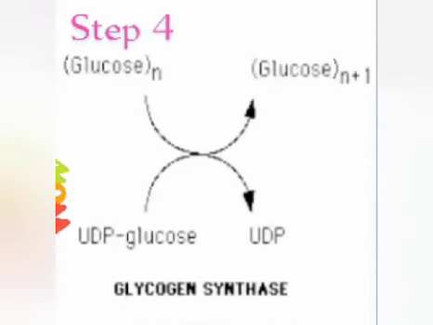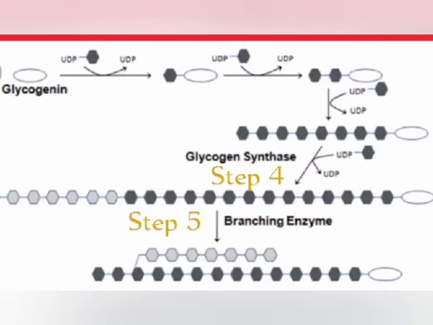Step 4. A primer polyglucose containing about 4 to 7 D-glucose residues, initiated by glycogenin, binds glycogen synthase, which adds UDP glucose to the carbon-4 hydroxyl group of the glycosyl residue on the non-reducing end of the growing glycogen chain.